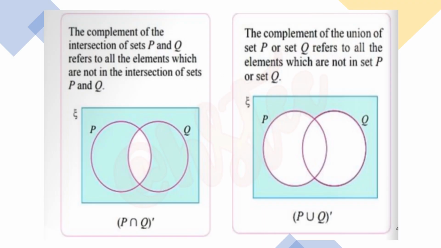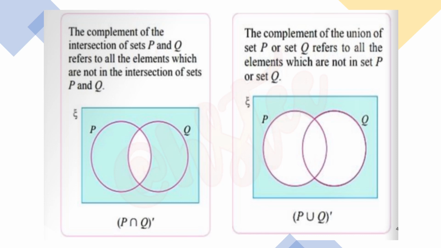Okay, and now I'll go through an example of complement of a set in an intersection of sets and a union of sets. For the intersection of sets, as I went through just now, P intersect Q in the first example was only shaded in the middle, right? So P intersect Q complement will be everything except for P intersect Q, the green part shaded here.